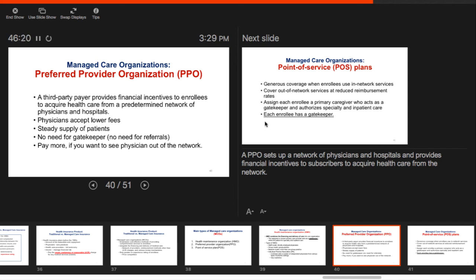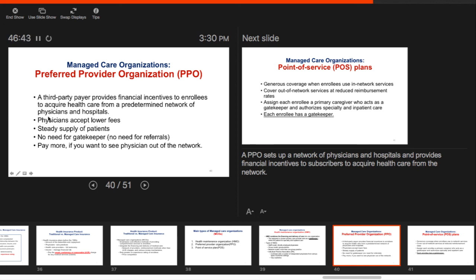There is still a network, but you don't need a gatekeeper to go to a specialist. Within the network, you don't need a referral from your primary doctor.